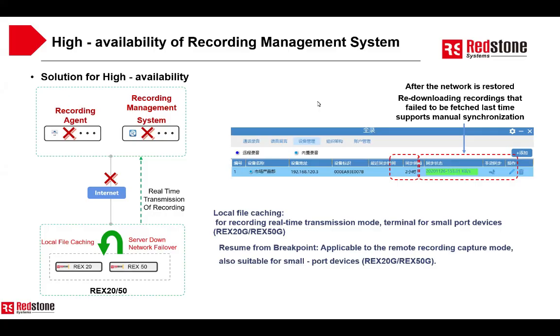This architecture brings an advantage: when the recording gateway loses the connection to the central recording server, or the recording platform itself experiences a failure, the system does not lose any data. Instead, the recording is temporarily cached locally inside the device. Once the connection is restored, the system will automatically initiate the recovery process.